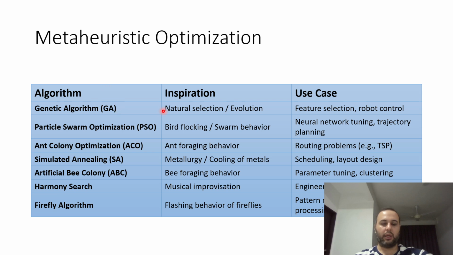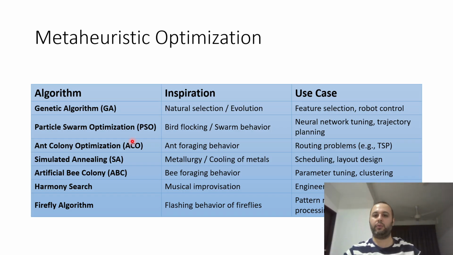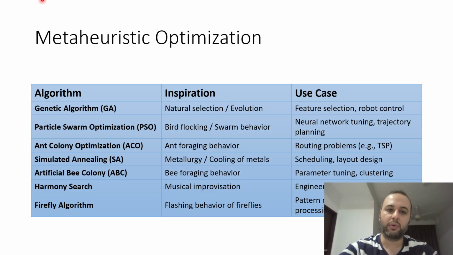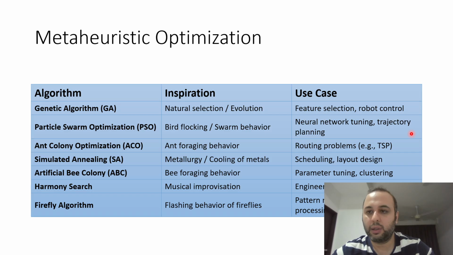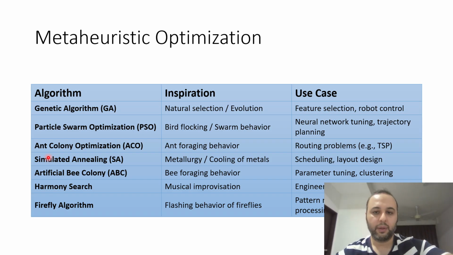For example, GA, that we are going to consider in this lecture, is nature based, based on evolution, and the case study is robot control, feature selection. PSO is based on the swarm behavior, for neural network tuning, trajectory planning. Ant colony optimization is used for routing problems, right? And so on. You can see on this table.